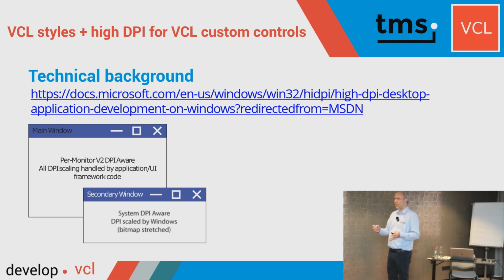If that manifest file indicates your application is high DPI enabled, then it leaves everything at the original size as you designed it in your application, and everything will look much sharper.